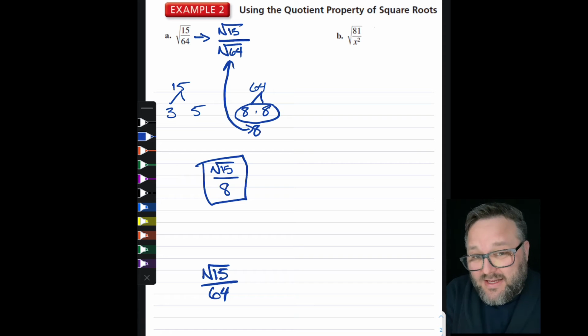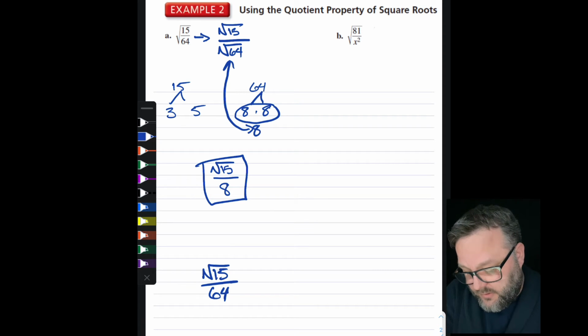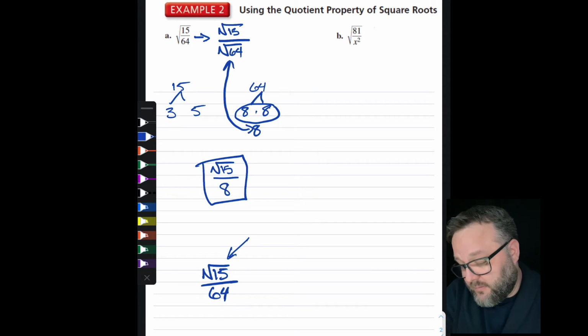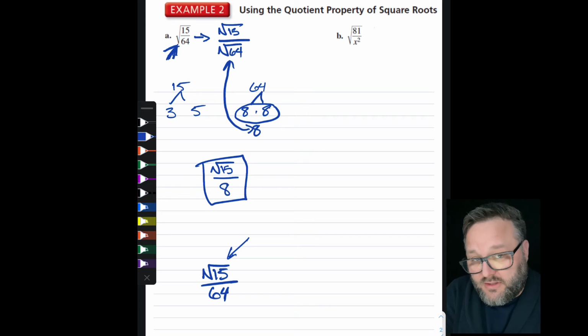So if I just said square root of 15 divided by 64, this is what I said. However, this is what I'm trying to solve. These are two different problems. So this original problem up here is the square root of the quantity 15 divided by 64.